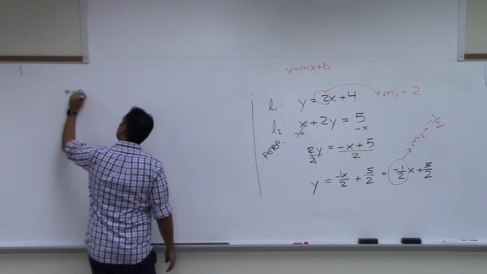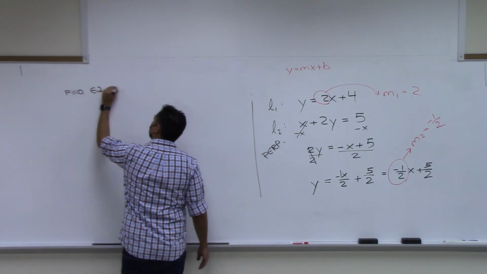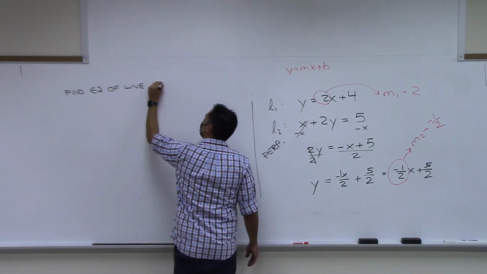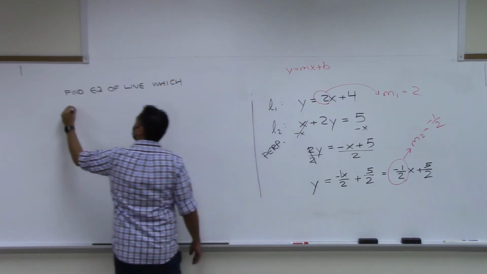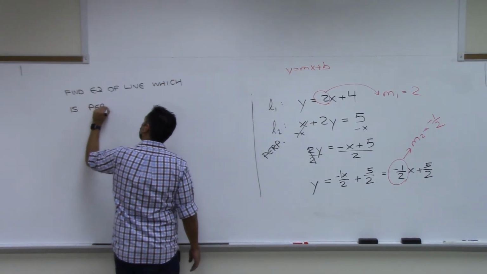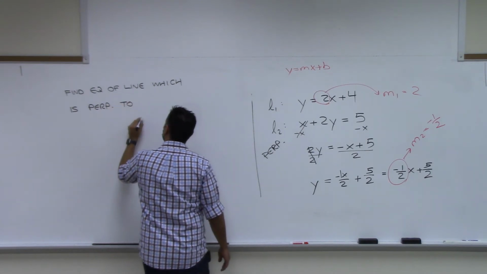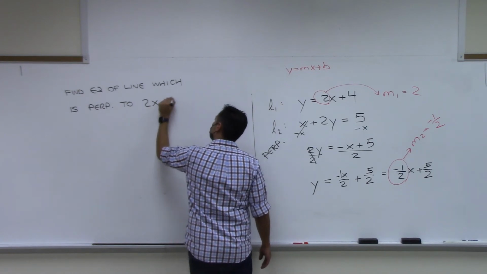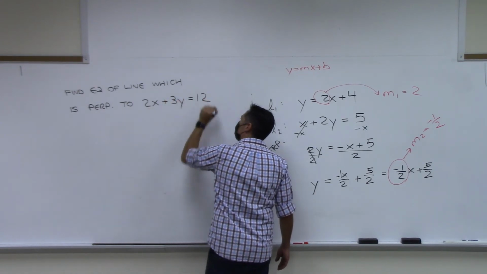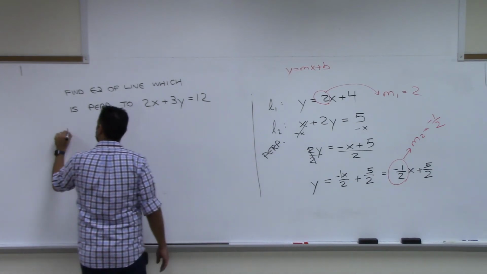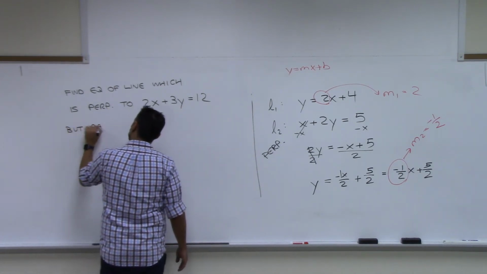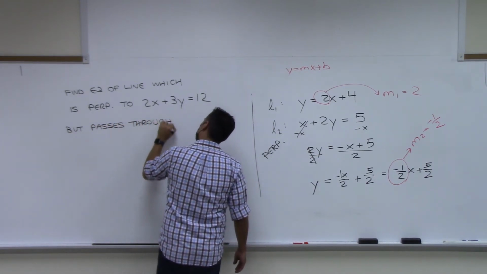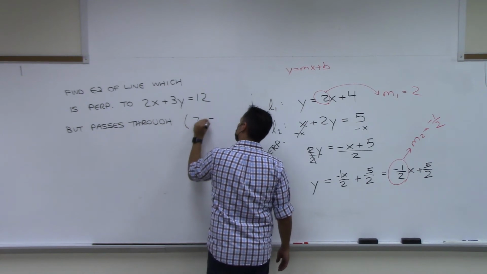Find the equation of the line which is perpendicular to 2x plus 3y equals 12, but passes through -11.